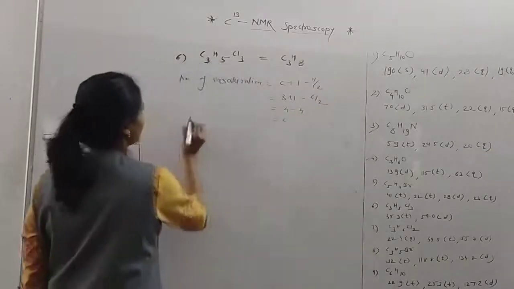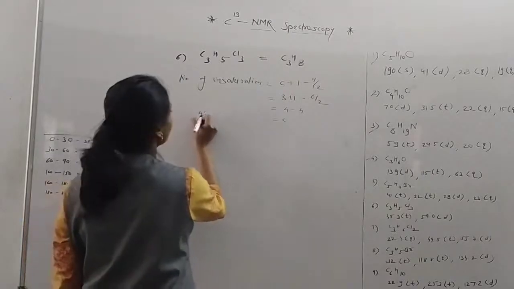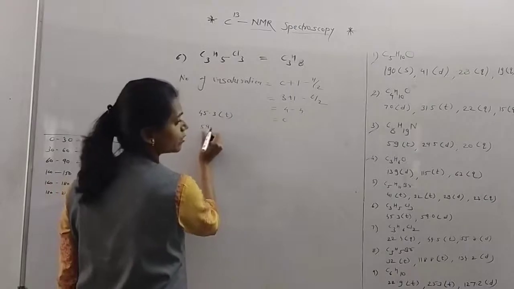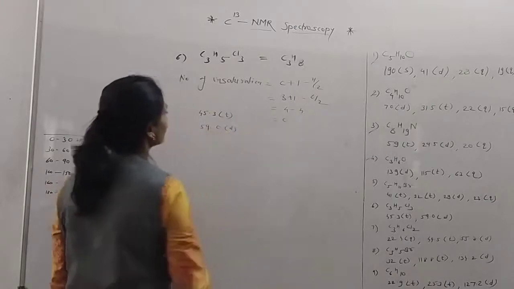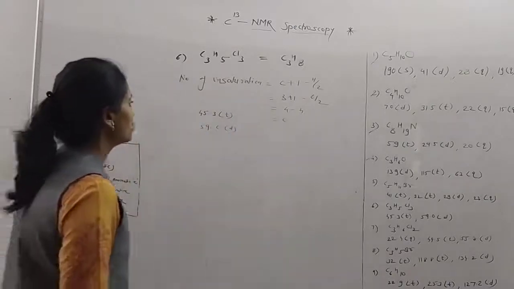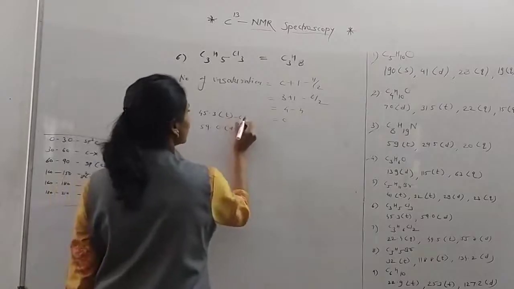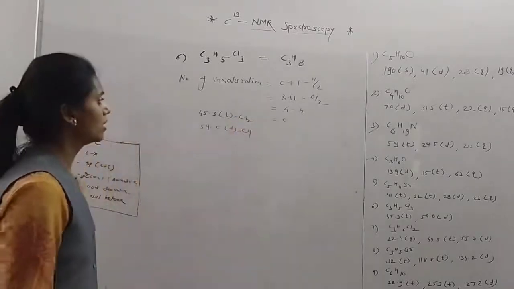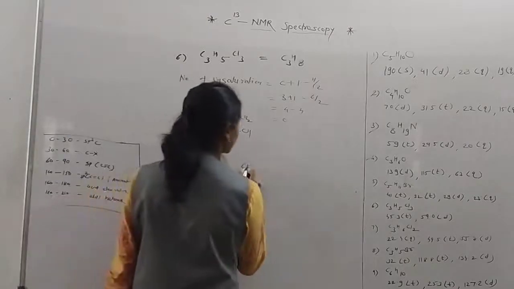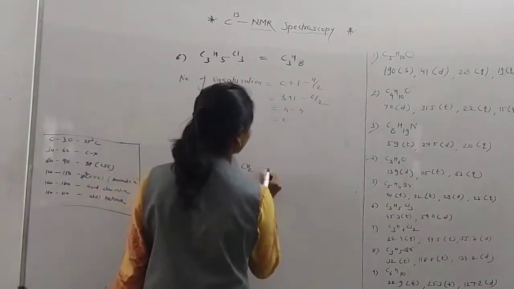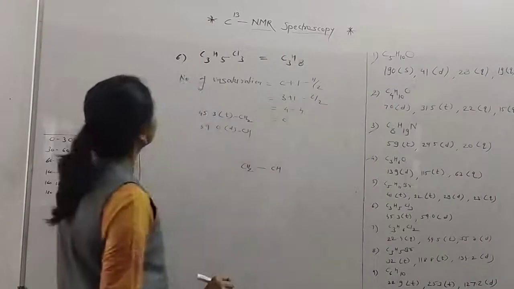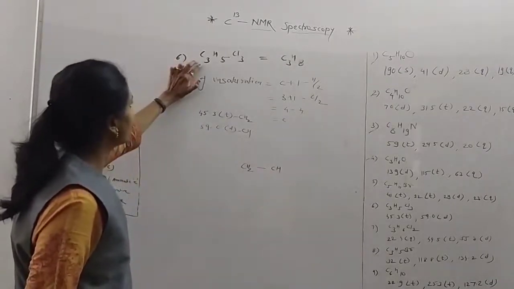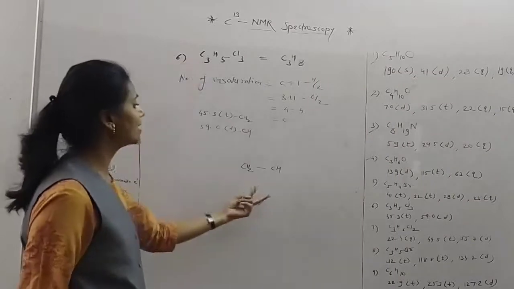There are only 2 values given. 45.3 gives triplet, 59.0 gives doublet. And you know that triplet is due to CH2, doublet is due to CH. So in the structure there is CH2 and CH, but there are 3 carbon atoms and only 2 signals given.